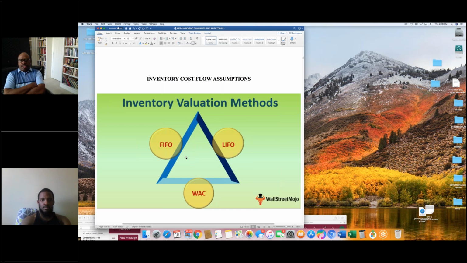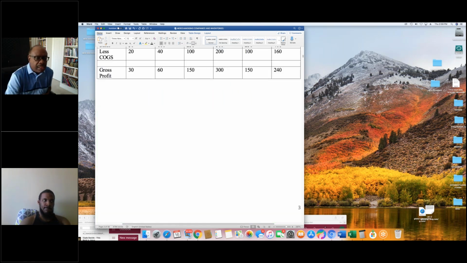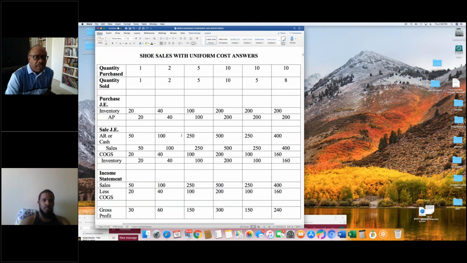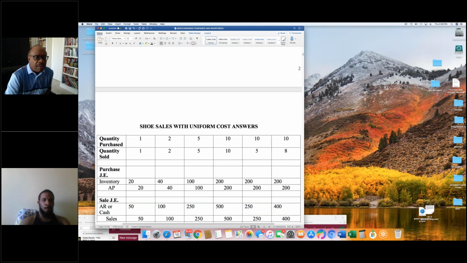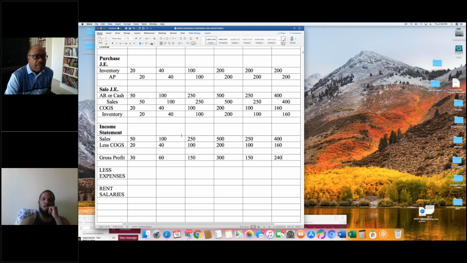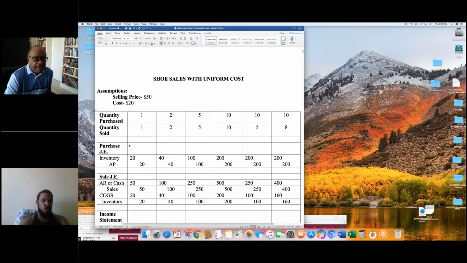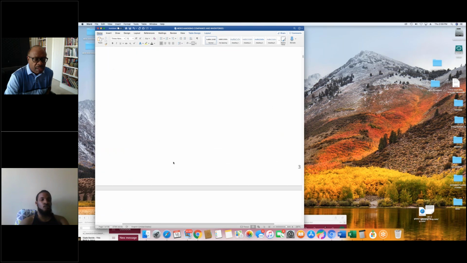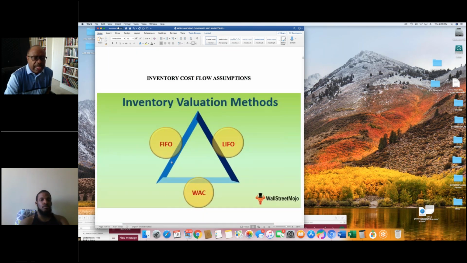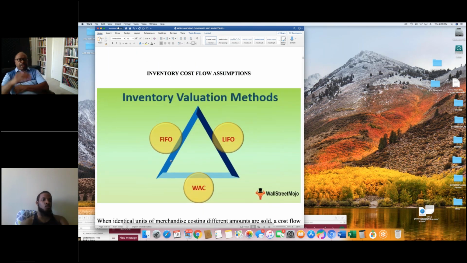We run into the situation when we sell inventories that cost different amounts. In this example, all the inventories cost the same amount. They all cost $20. But sometimes that's not going to be the case. The inventories are going to cost different amounts, and so we have to come up with a way to cost the inventory when they cost different amounts.